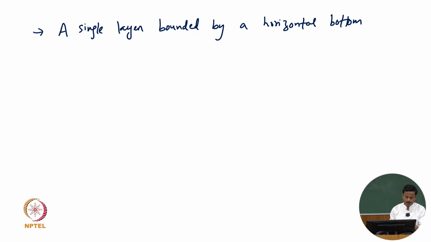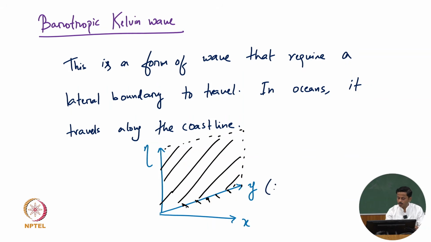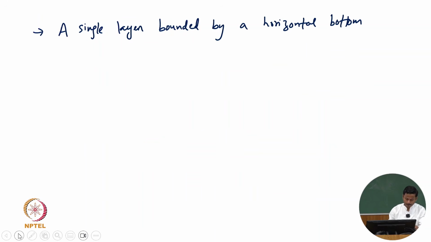So the upper surface is free, the coast is along the y-axis, so this is the coast, x equal to 0.